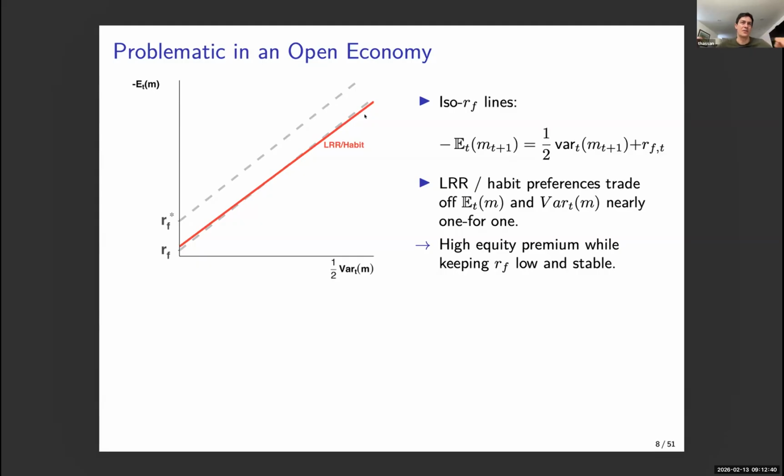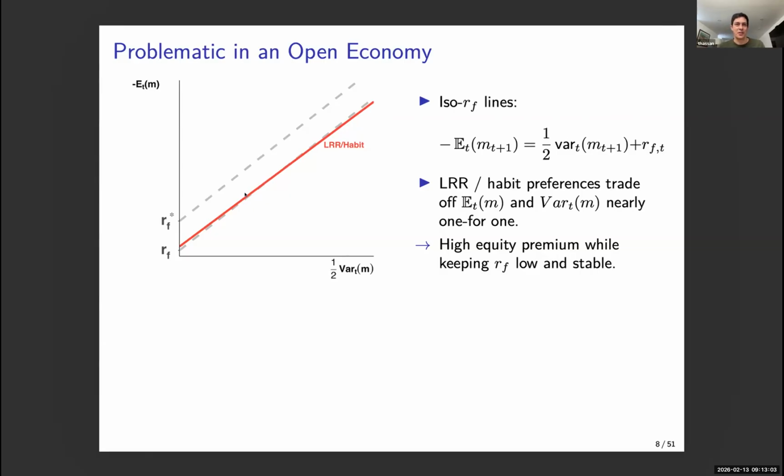So regardless of what happens in the real economy around you, your combinations of E and var of M are always going to lie on this line. And the key reason why the long run risk model fixes the equity premium puzzle in the way that we've come to think about it is because it's doing that.